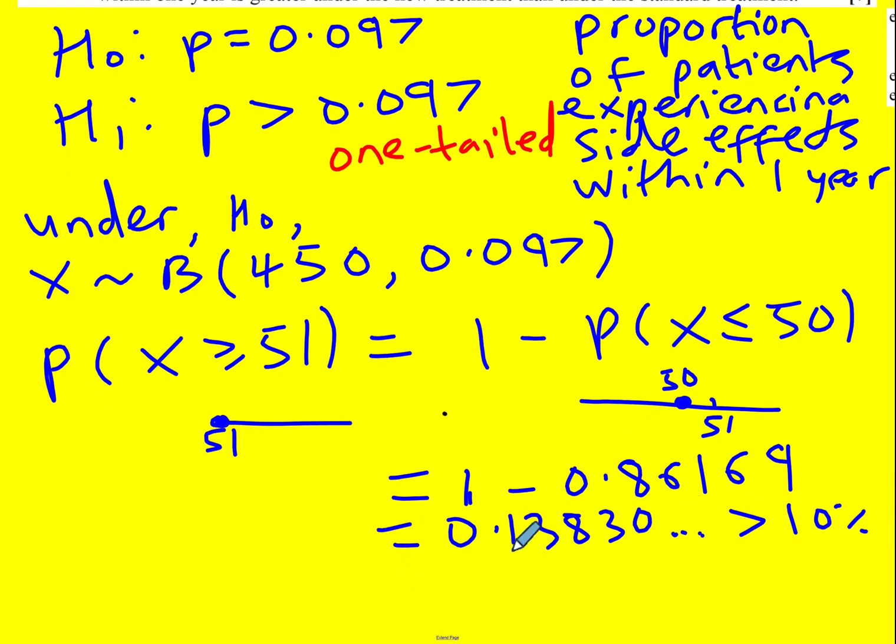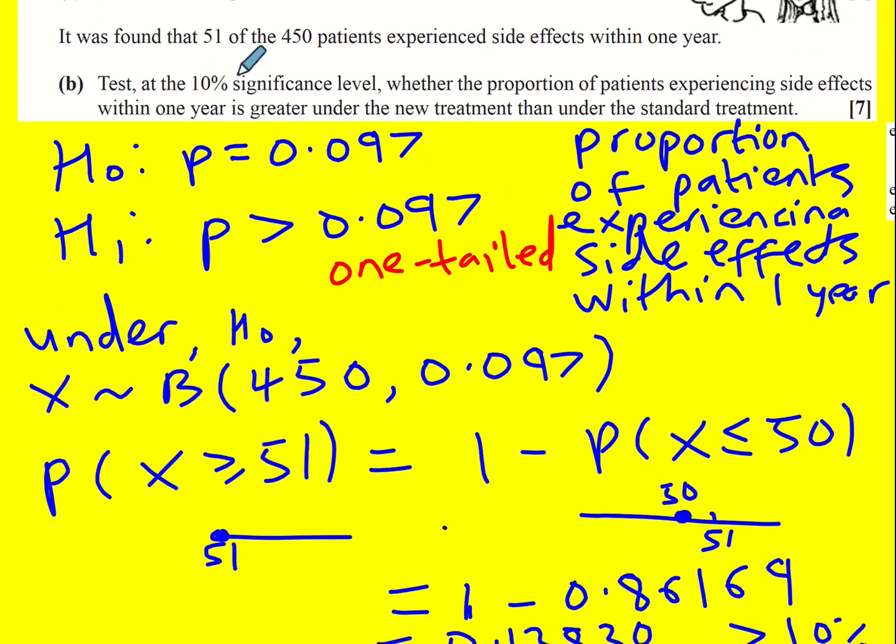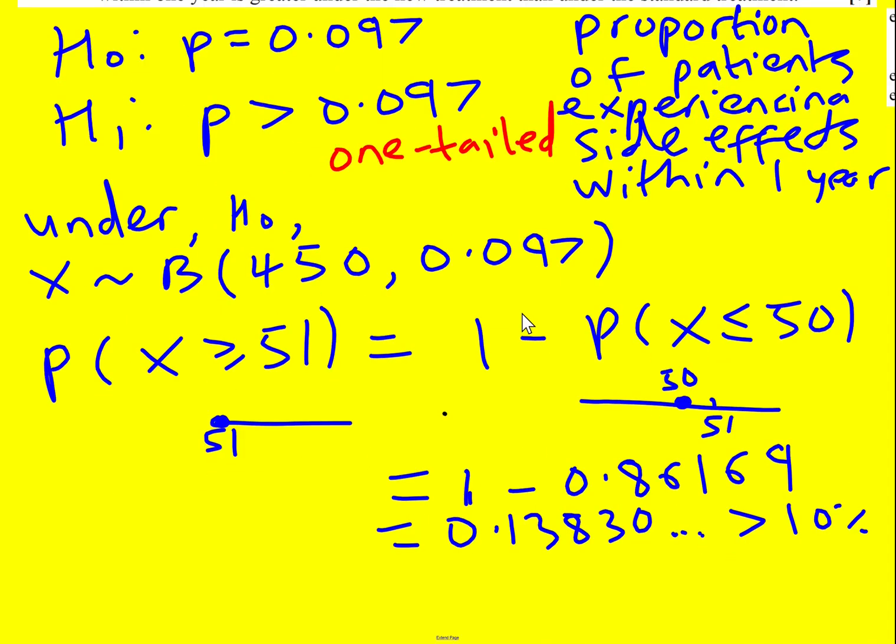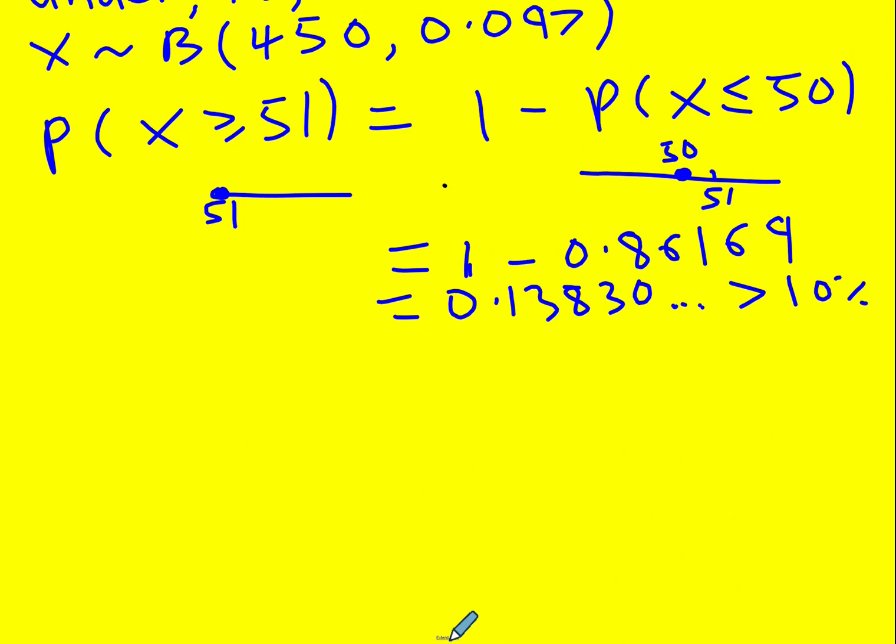This essentially means the probability of 51 or more of the patients experiencing side effects within a year is about 14%. There's not a large chance, but there's an all right chance that it might happen, and that chance is larger than my significance level. So we say basically that it could have happened because of natural variation, and essentially we're going to accept H naught.